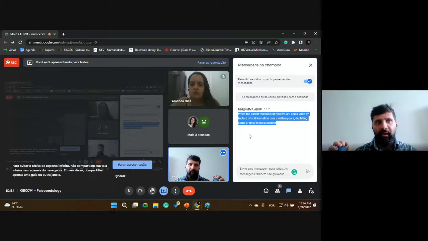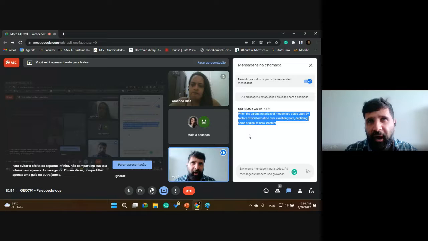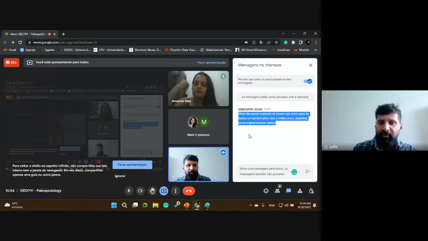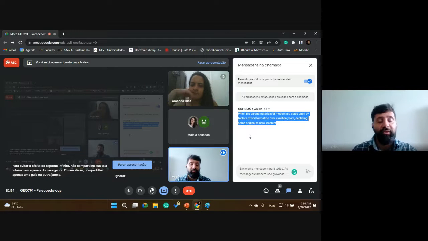So the content of an easily weathered mineral is not a good proxy to identify a paleosol, because you can find a lot of modern soils that don't have these easily weathered minerals. Generally, in Brazilian soils, and I think in a lot of African soils, you can find something like smectites, or even pyroxene or olivine, because they are just loosened by weathering.